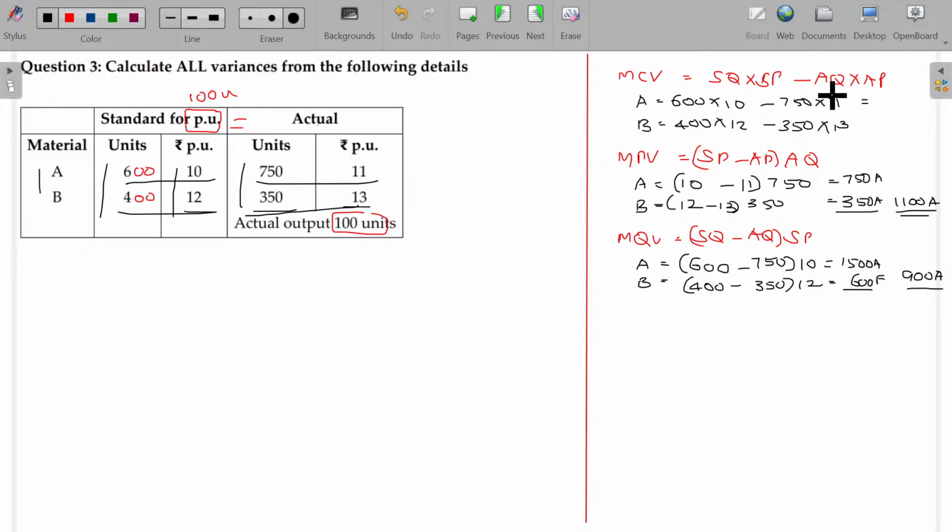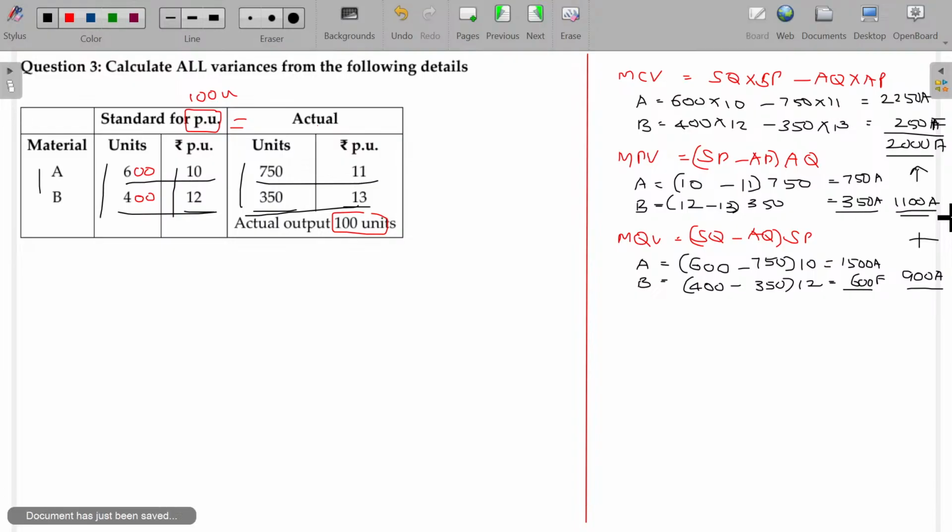Come on, get me the first value. 2,250 adverse. Here, 250 favorable. Ultimate value being 2000 adverse. If I add up these two, I'll get this value. 1100 and 900, 2000 adverse will be the value.